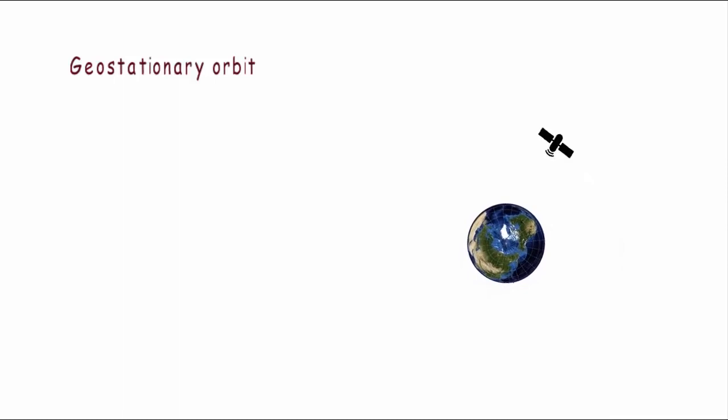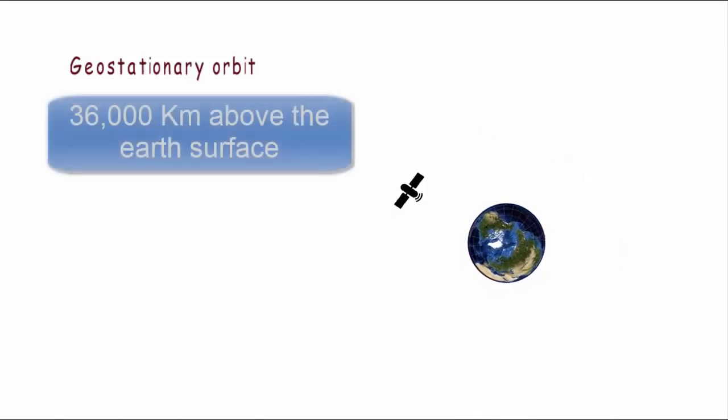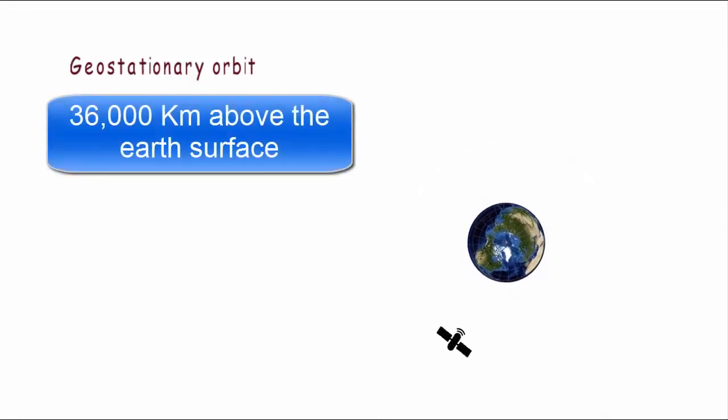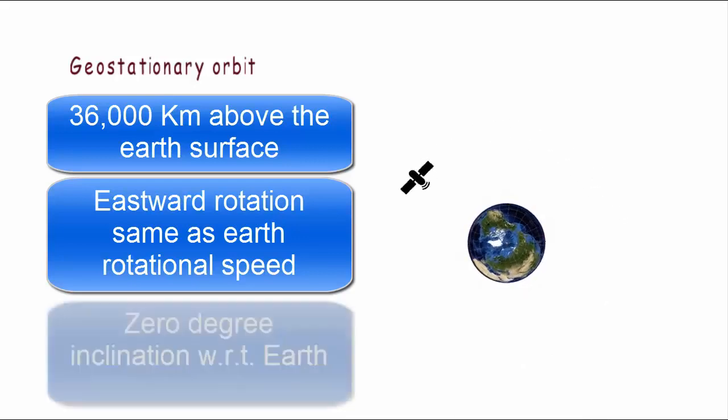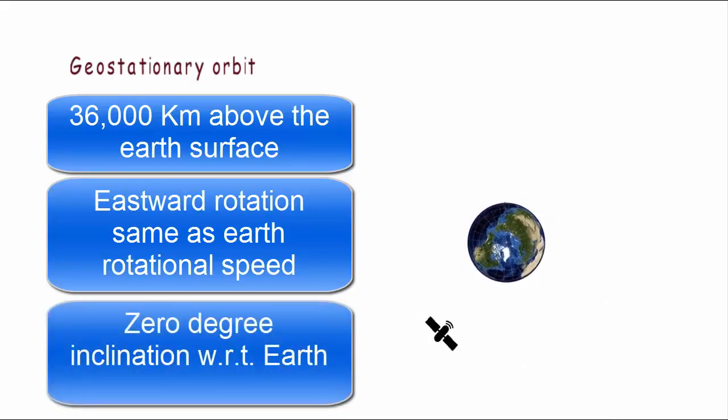The first one is the satellite should be placed about 36,000 km above the Earth's surface and move in circular orbit. The second condition is that the satellite must travel eastwards with rotational speed equal to Earth's rotational speed. And the third condition is that the inclination of the satellite with respect to Earth must be 0 degree.